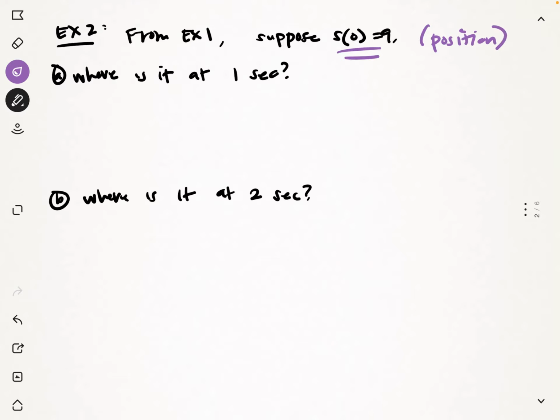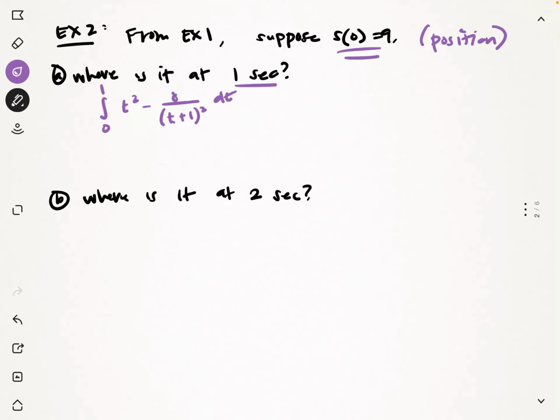All right, so what we're going to have to do here is find the antiderivative of our velocity. So I'm going to do the antiderivative of our velocity function from 0 to 1. We start at 0, and then we go to 1 second. So that would be the integral of t squared minus 8 over t plus 1 squared dt.